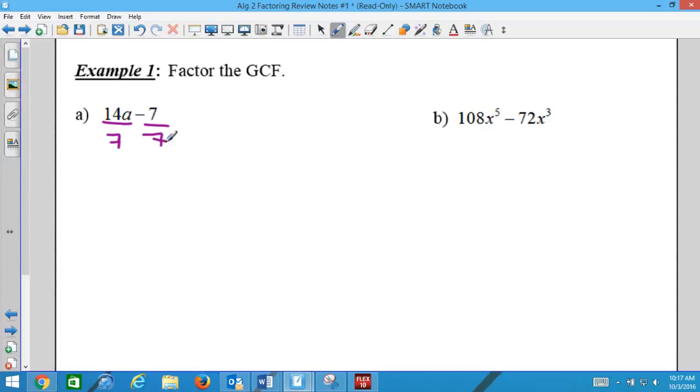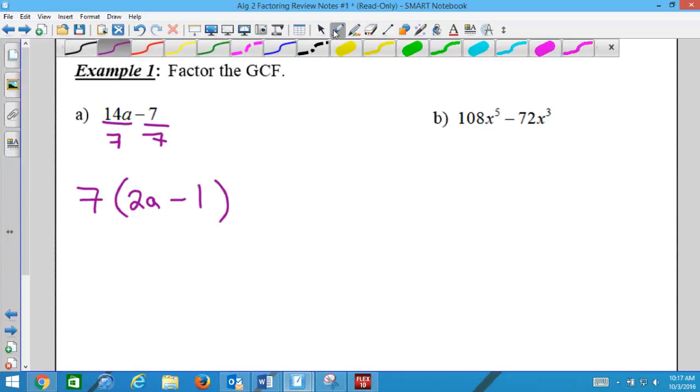You put 7 and parentheses. To find out what's left, you divide 14A by 7, which is 2, and there's still an A in it. Then we divide minus 7 by 7. Minus 1. And that's it.